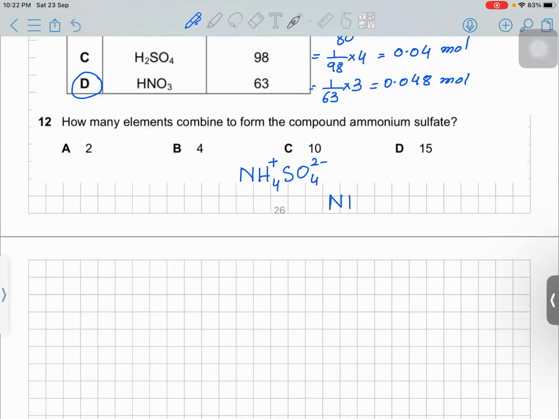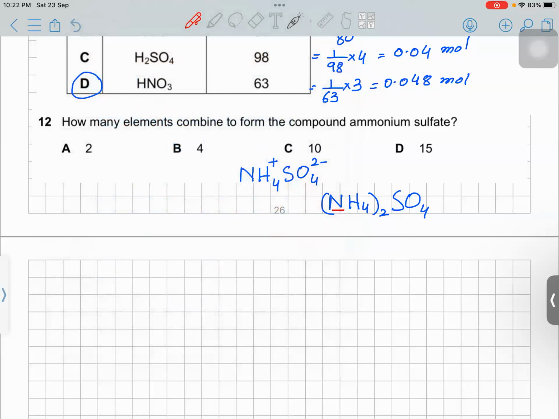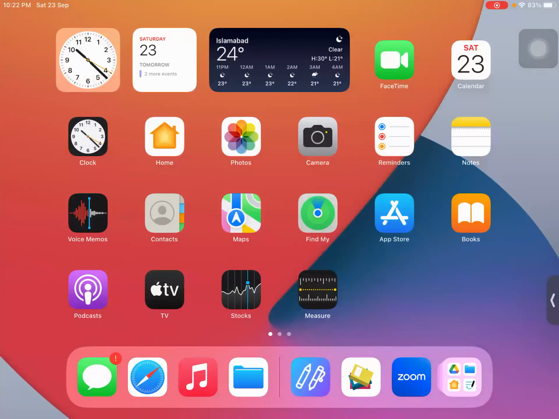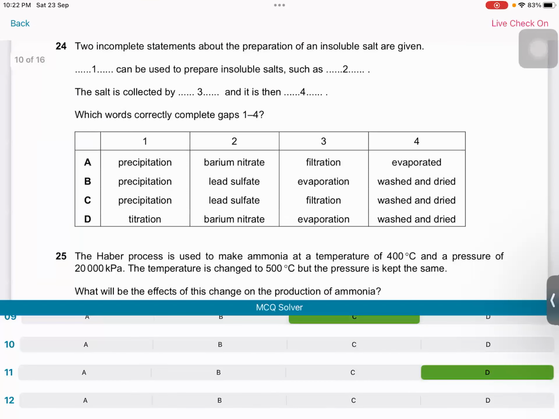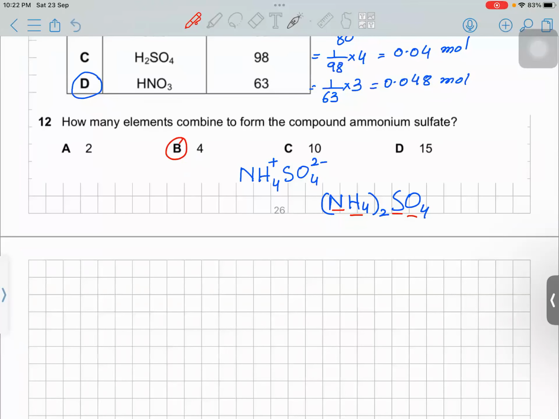Now it means NH4 to SO4. Now how many elements? N, H, S and O. Nitrogen, hydrogen, sulfur, oxygen, 4. So B is the correct answer of 12. B is correct, 4 is correct.